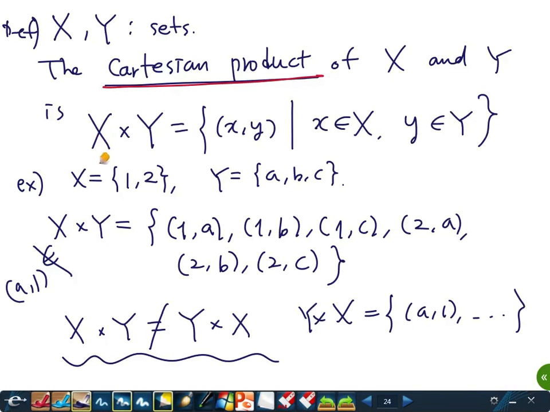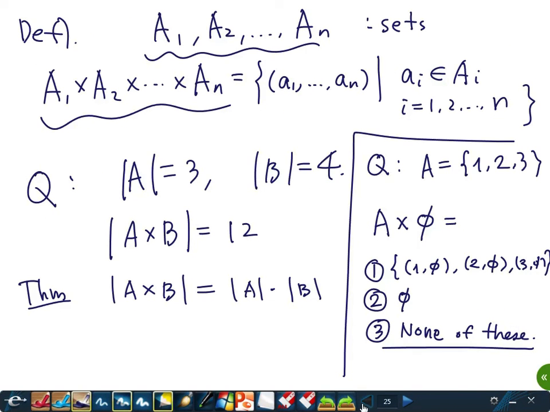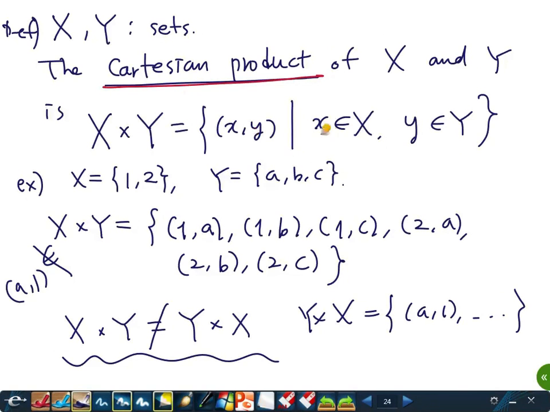Okay, let's go back to this definition. X and Y are sets. I didn't say that they are non-empty. So that means they can be empty sets. Even for empty sets, the Cartesian product is defined. So if you're not sure what the answer is, go back to the definition and just follow the definition, line by line.